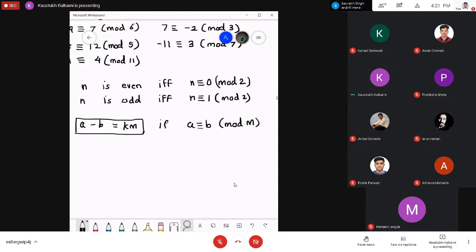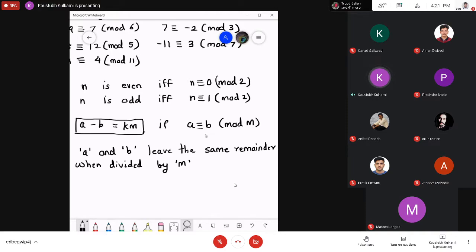Another way we can look at it is that we can say that a and b leave the same remainder when divided by m.